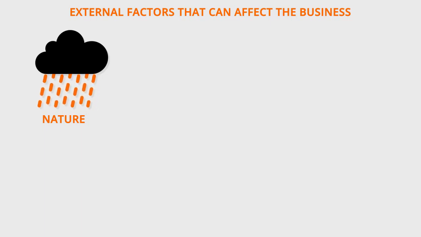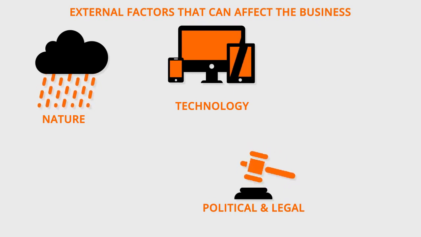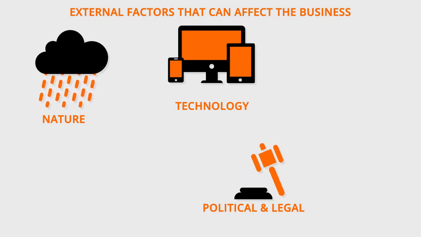Technology is constantly evolving. Economics, demographics, the social and cultural factors, and of course, politics and legal. These are all of those external factors that could affect your marketing activities.